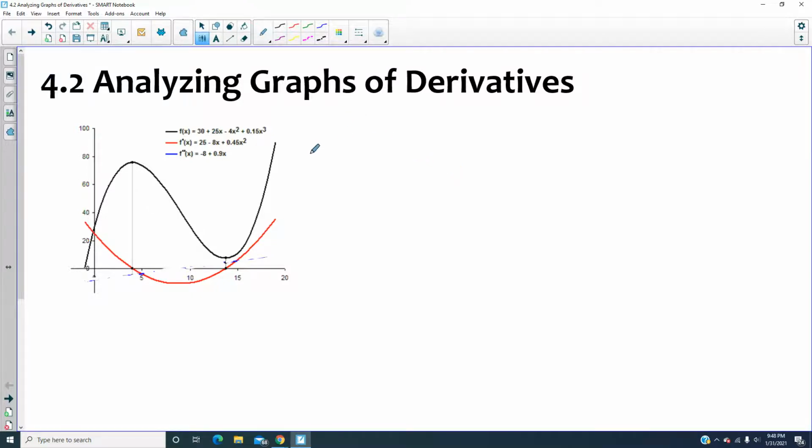Okay, so either you'll be given the graph of f prime, then you'll have to tell characteristics about f. So given the graph of f prime, you'll have to tell me where f is increasing or positive or negative or has a relative max or min.